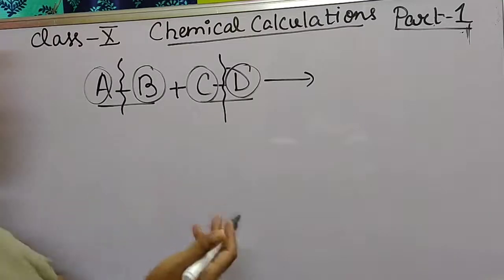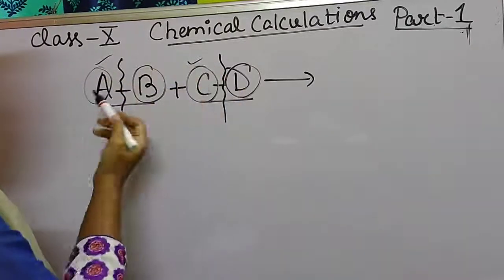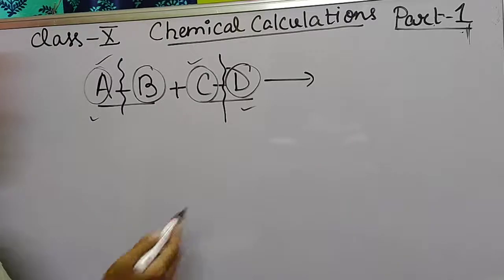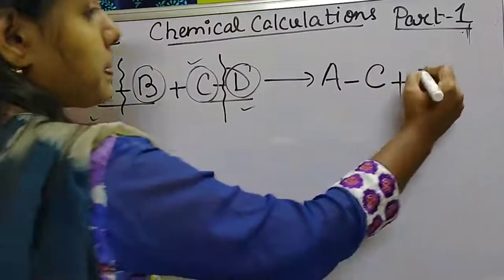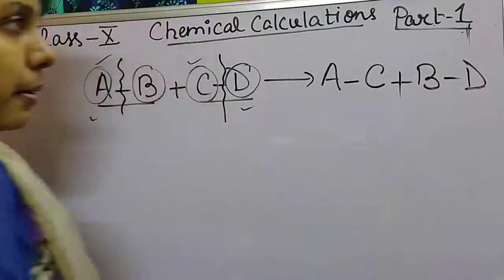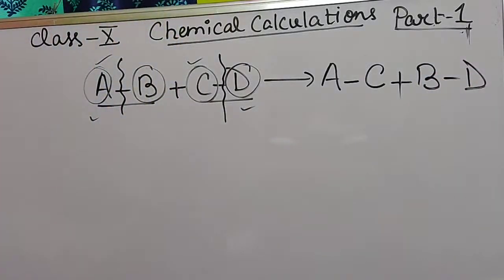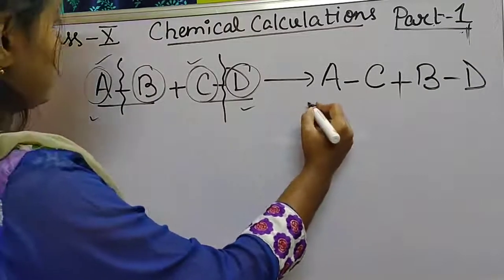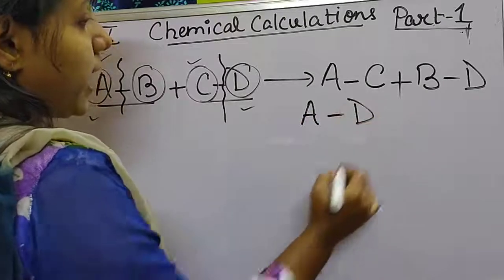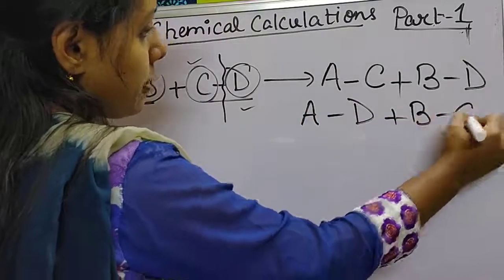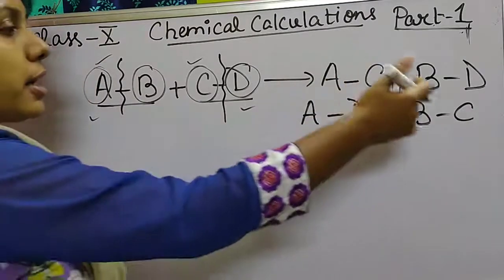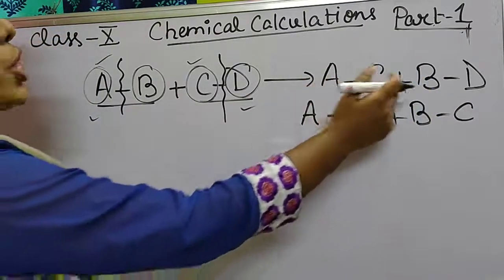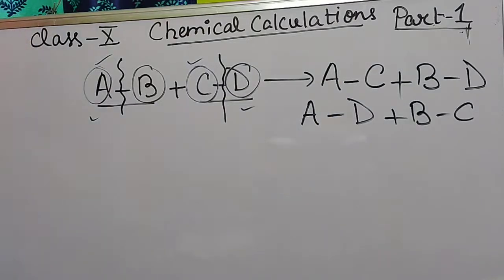New bonds can be formed between A and C or between A and D. Whatever I am writing here, AC plus BD, or AD plus BC, that also could happen. So new substances are being produced by the formation of new bonds.